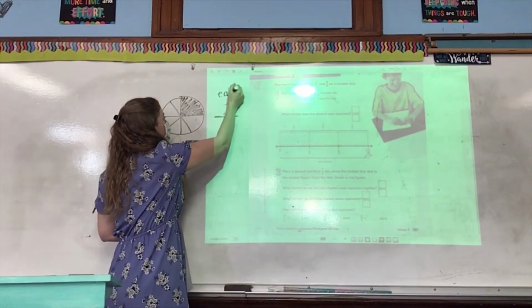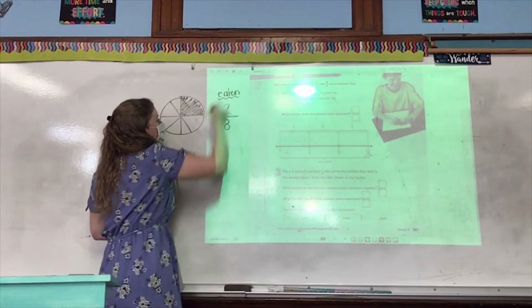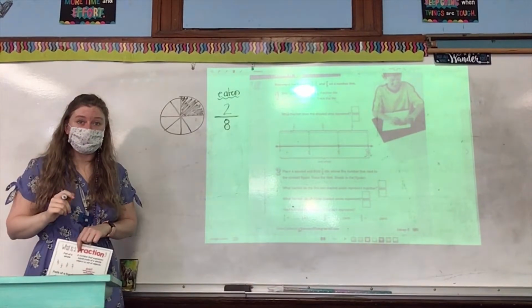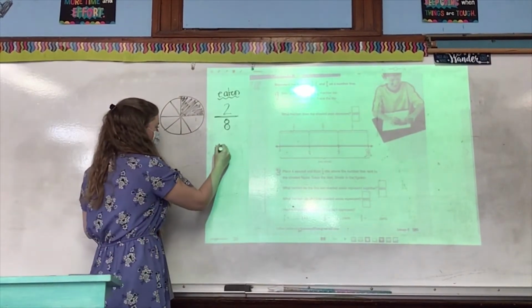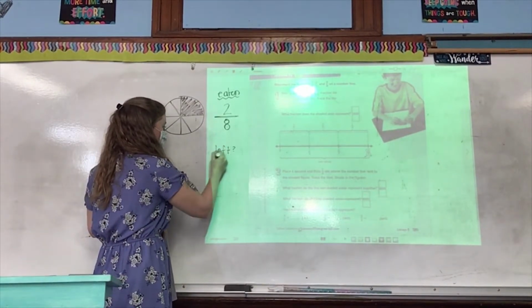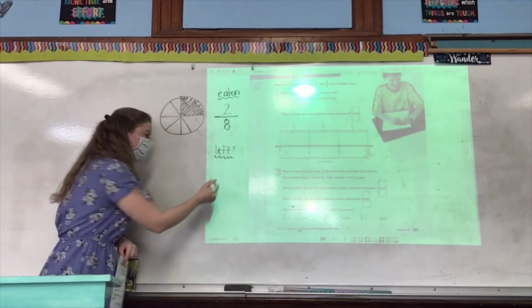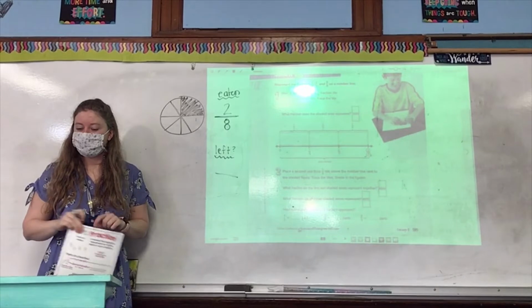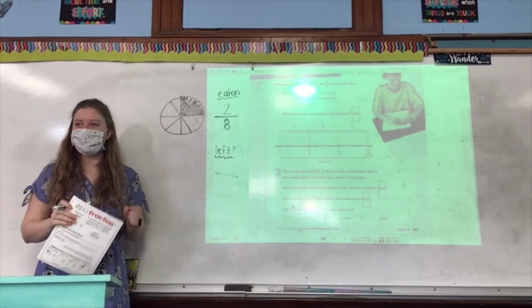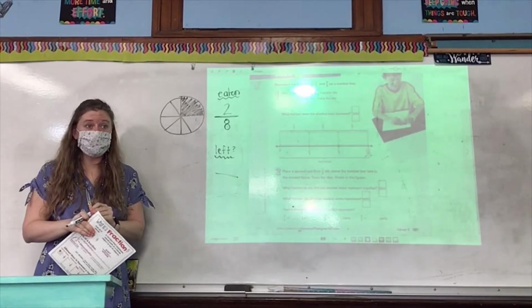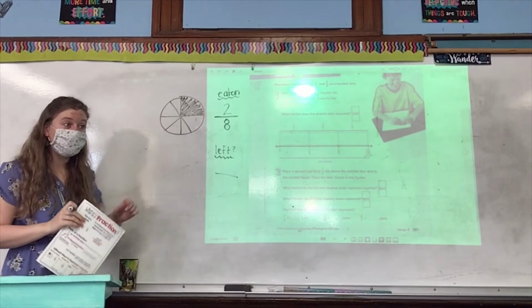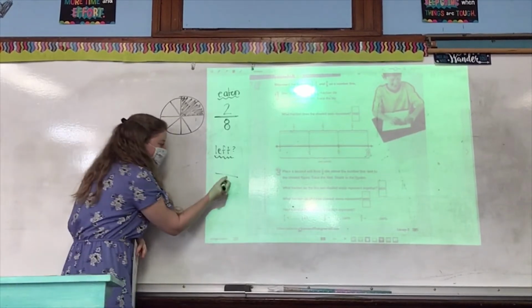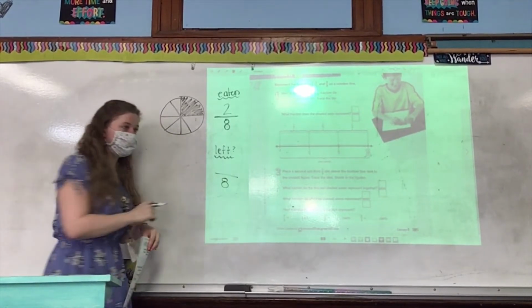You can also use a fraction to say how much is left. Well, does my whole change? The amount that I started with, does that change? No matter what, with this pizza right here, I started with 8 pieces.